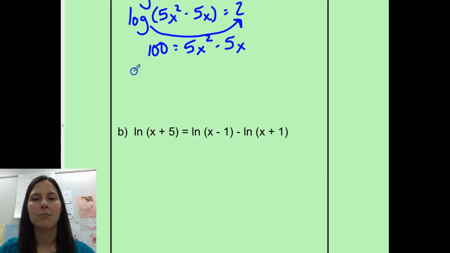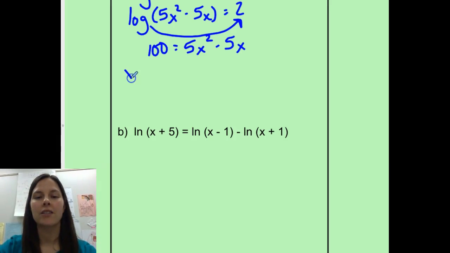Because all of my numbers are divisible by 5, I'm going to divide everything by 5, and I'm going to move my x squared and x term to the left where we're used to seeing it. Dividing 5x squared by 5, dividing 5x by 5 equals 100 divided by 5. Subtracting that 20 from both sides, so I've got my quadratic form.